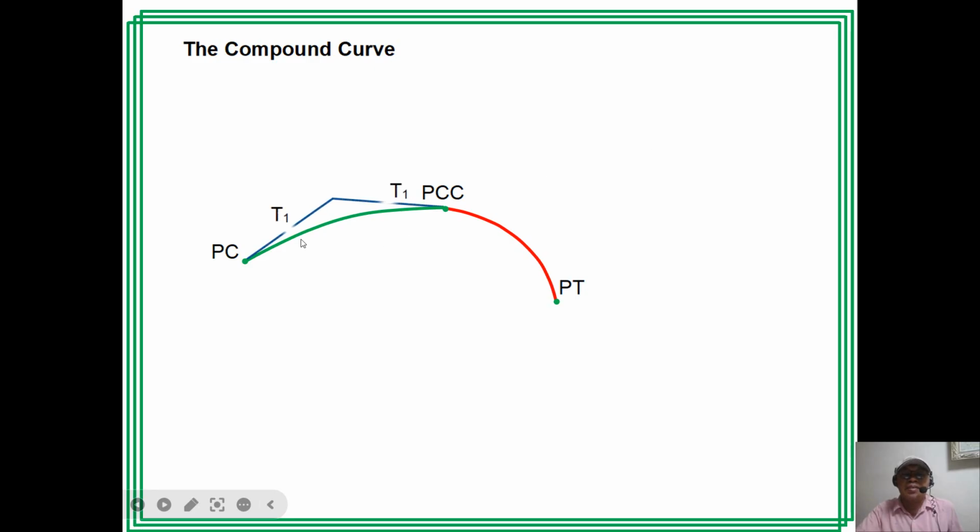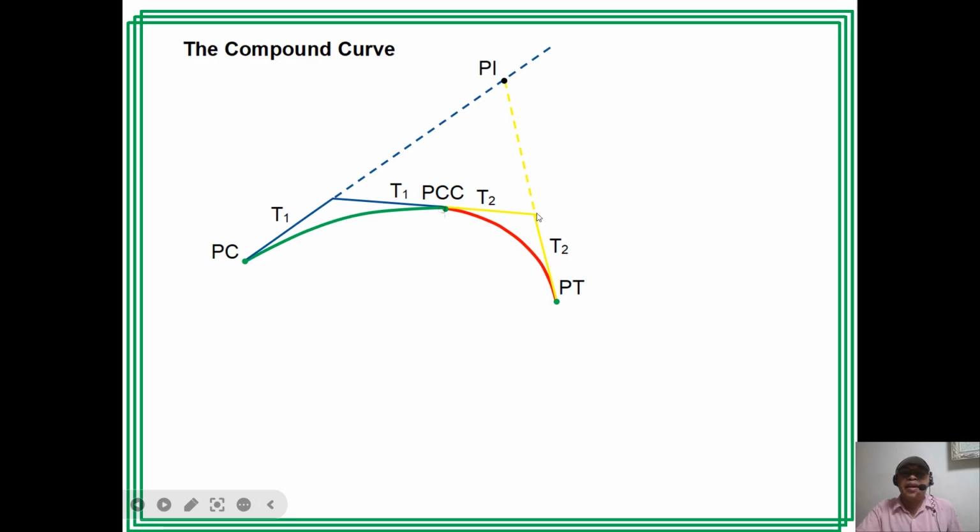Then we have the tangents, T1, and also the tangent T2. The T1 and T2 here, the blue and the yellow together, are called the common tangent of the two simple curves. If we extend T1 and T2, they meet at the PI.